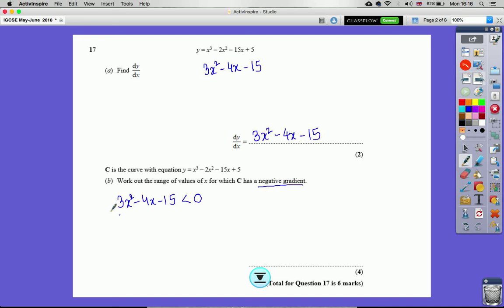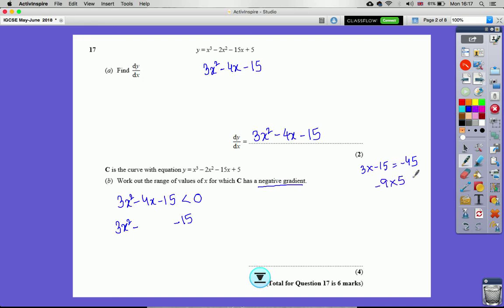Okay, so if I factorize that, I will get 3x squared. Now 3 times negative 15 is negative 45. I'm looking for two numbers. When you multiply, you get negative 45, but when you add, you get negative 4. In this case, you will get negative 9 times 5.